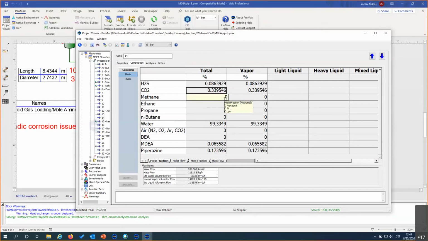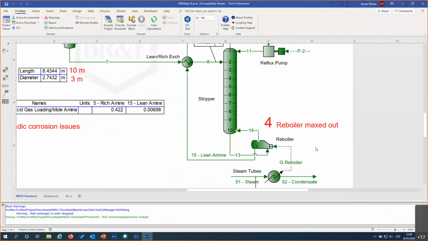So that's something I often see, and maybe something I could have mentioned also for this specific case. 0.3% is still a good value, but if you see values over 1%, it might not be an ideal operation, and you might want to increase the reboiler duty to decrease the CO2 concentration here.